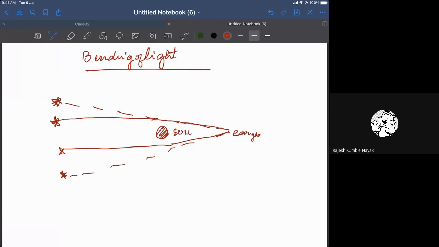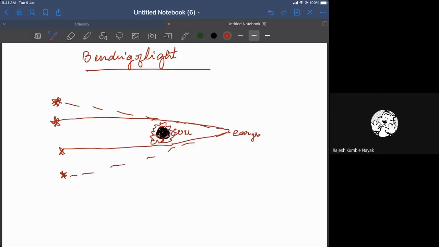But on the occasion of a solar eclipse, when the moon covers the sun, the sun's main light is blocked, and you have some corona emitting, which is not very strong, roughly the brightness of the moon. Then you can see stars behind the sun, and you can measure the bending of light.